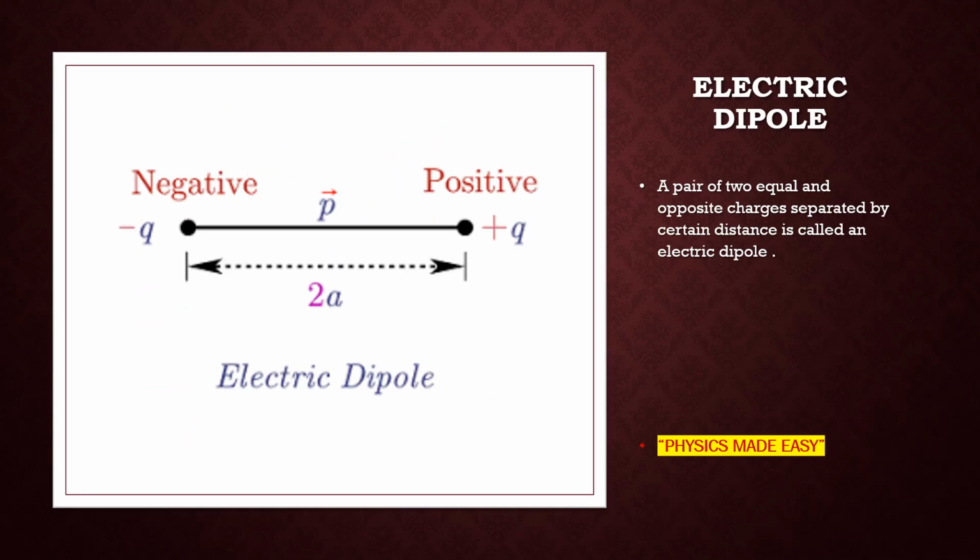Suppose we consider a pair of two equal and opposite charges separated by a certain distance. Suppose that distance is 2a, then this complete setup is known as an electric dipole. So our next topic is the electric dipole, in which a pair of two equal and opposite charges separated by a certain distance are taken.